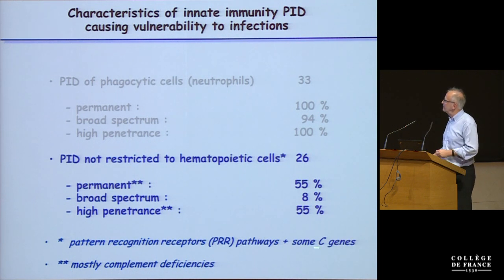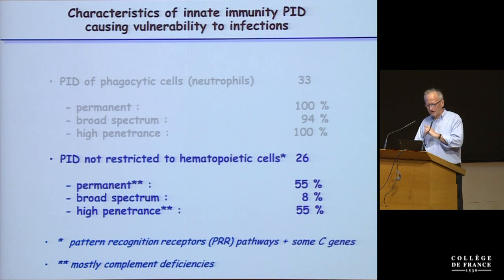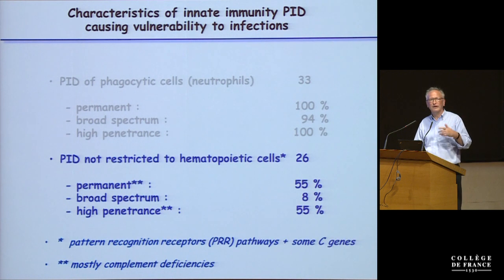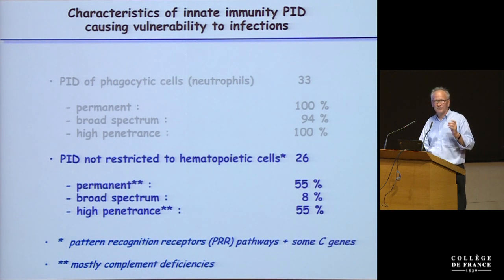And then the characteristics of the vulnerability to infections differ, for instance, from the one of phagocytic cells, since the phenotype is permanent in only half of them, and these are complement deficiencies. The few immunodeficiencies I will mention on the next slide that are affecting, for instance, toll-like receptor and toll-like receptor pathways are inducing a transient vulnerability to infections in life.